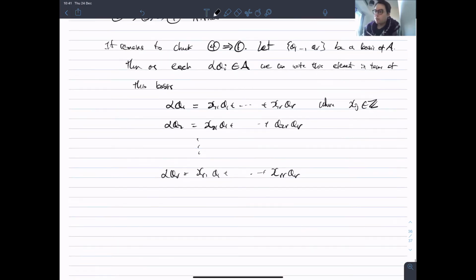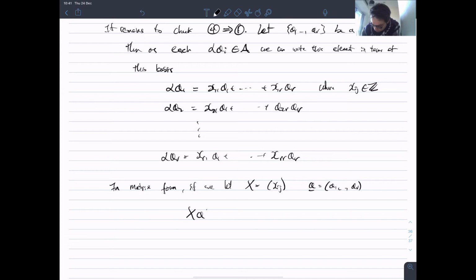So if we put this in matrix form, the system of linear equations, if we let X denote this matrix of xij's, and A be this vector of A1 to AR, we have X times A transpose equals alpha times A transpose.